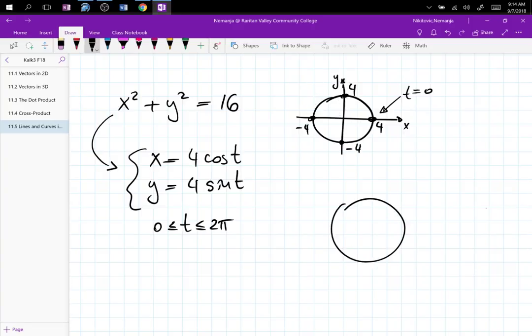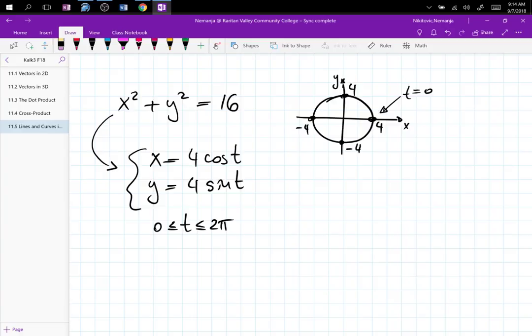So you have the place where you start and the place where you end as you draw the circle. Motion for me to draw the circle was this way. Well, that's exactly what parametric equations do. They give you this extra degree of freedom, except they start drawing the circle like that.